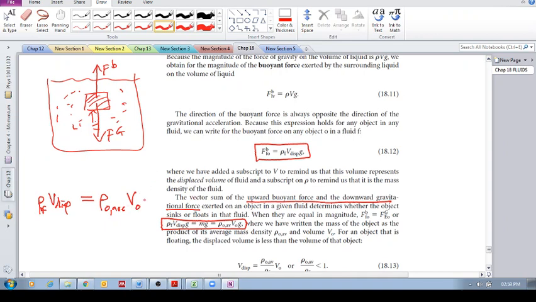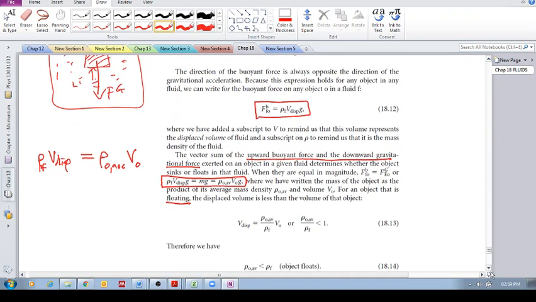As you can see, g cancels out. So this is basically when the object is floating. It makes sense, right? Because the upward buoyancy force balances out the gravitational force.